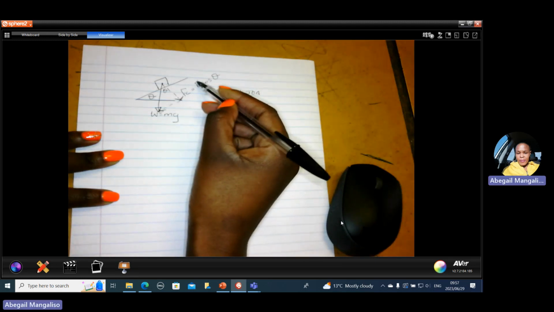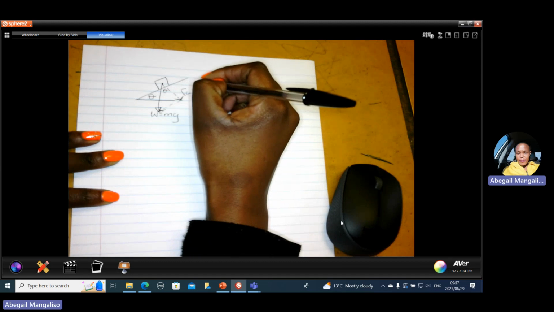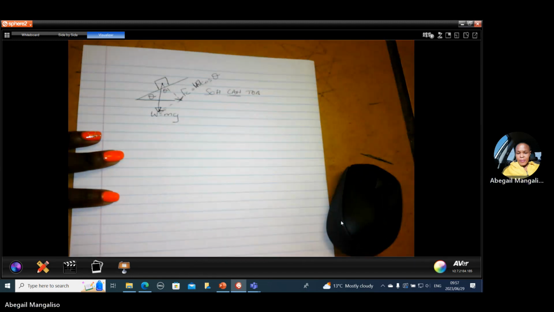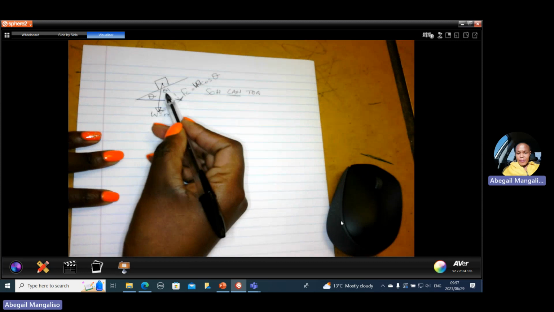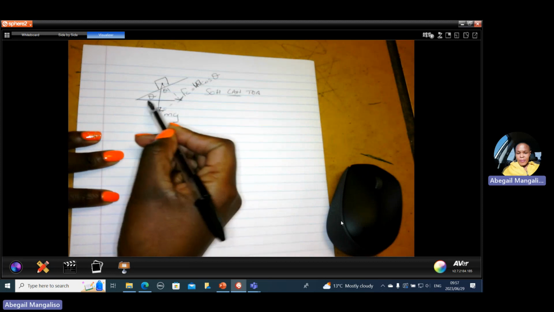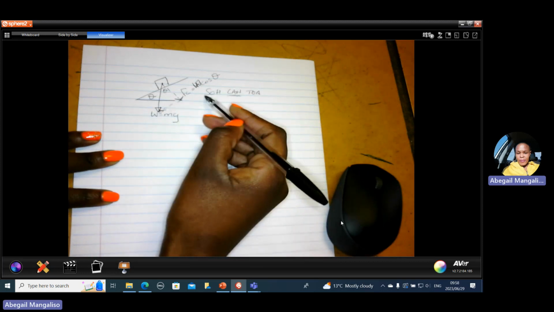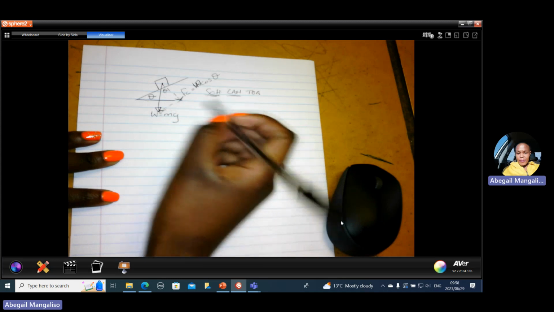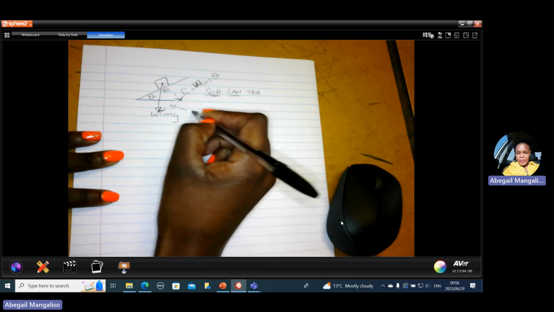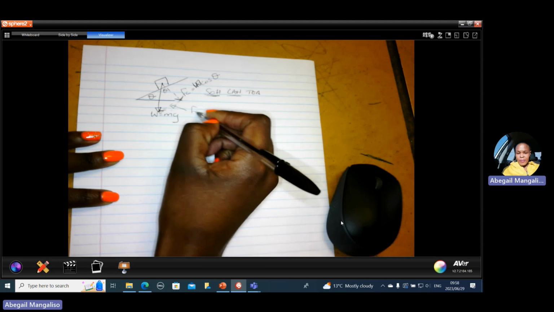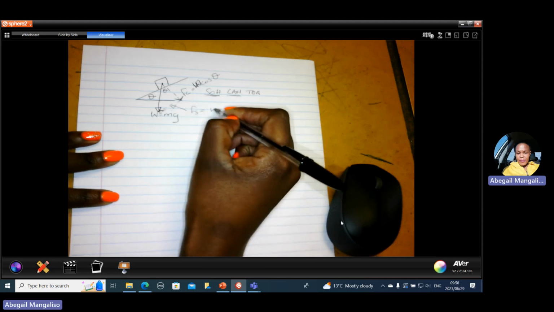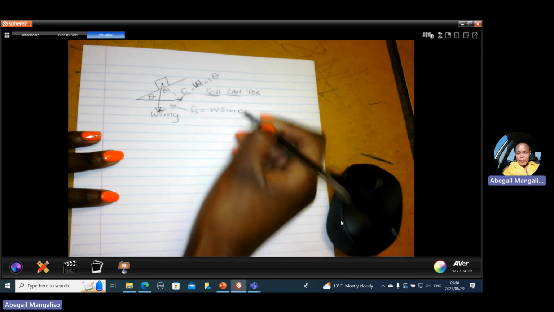The F we are talking about is W, the weight of the object. And this one is opposite over hypotenuse, and opposite over hypotenuse is sine. So this component here is Fs, and it is given as W sine theta.